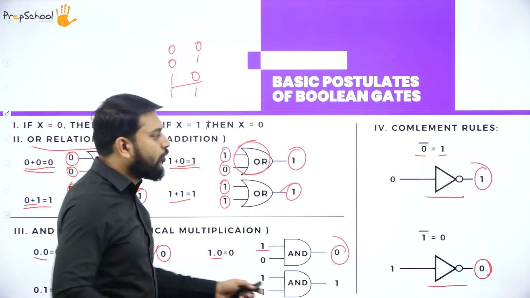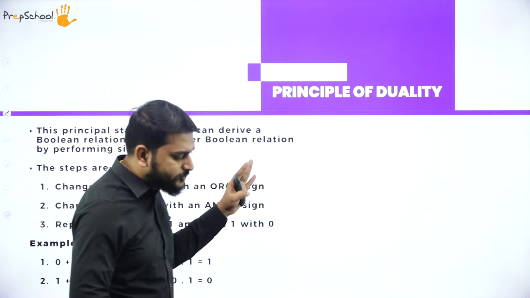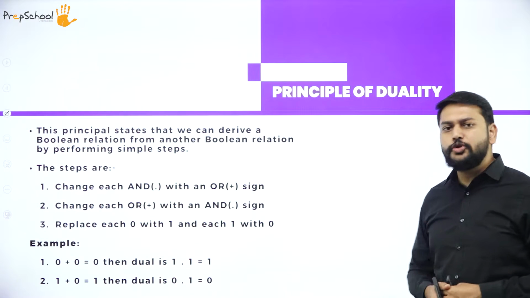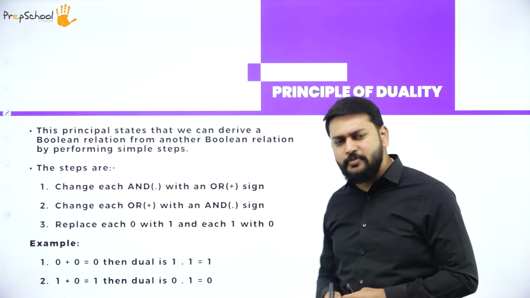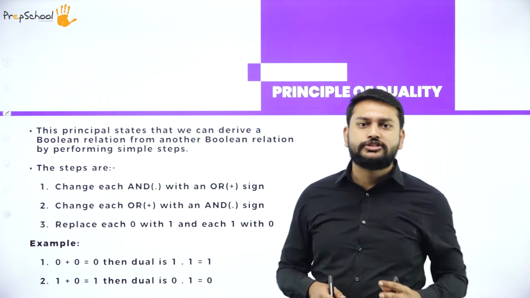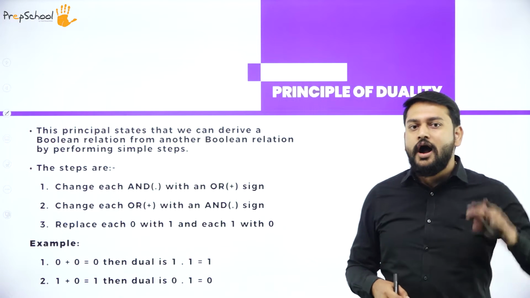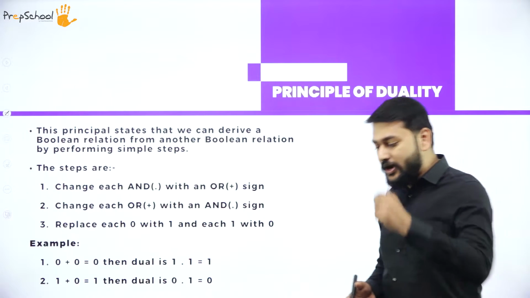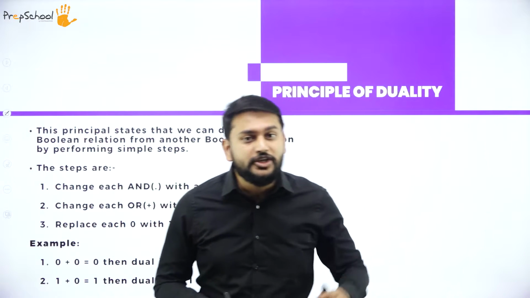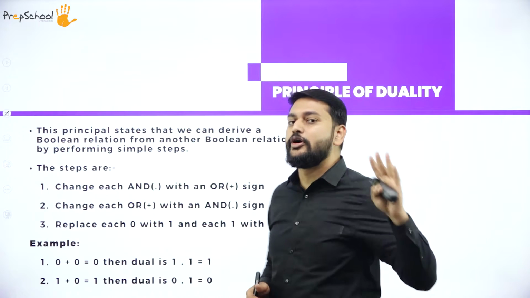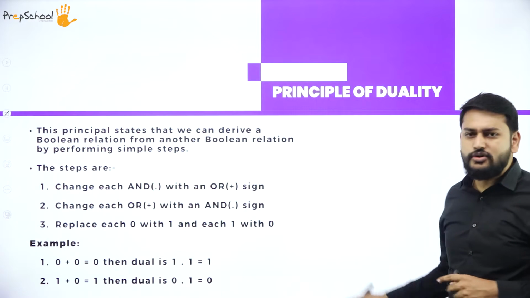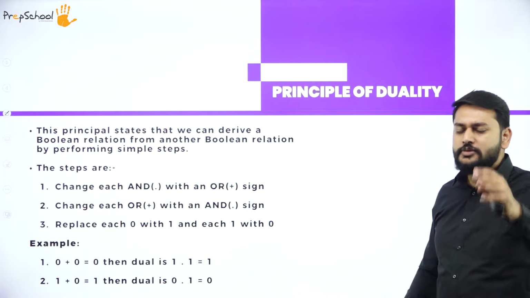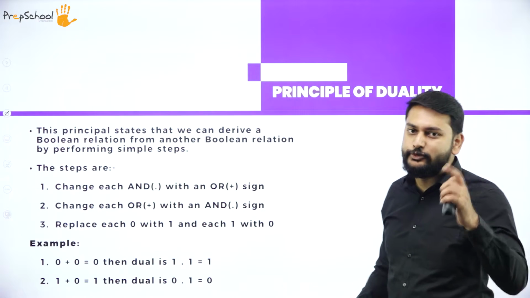So fine, then what is the next concept that I have? I have principles of duality. When it comes to principles of duality, you should remember only 3 simple, easy rules. Before getting into those rules or steps, let me discuss why we should have the principle of duality.